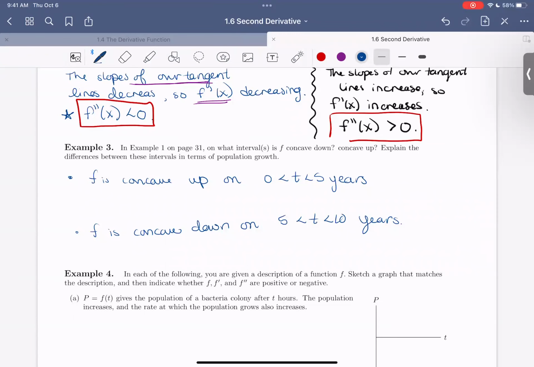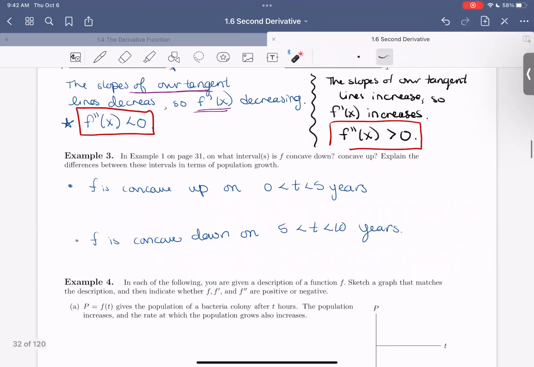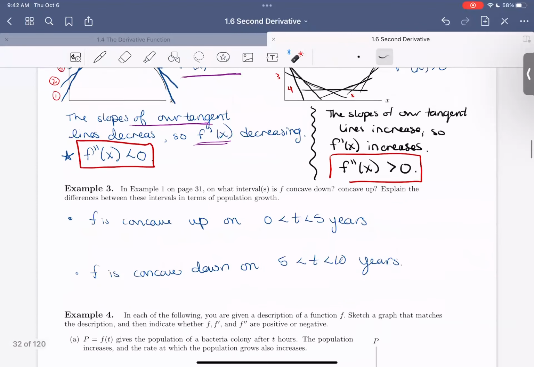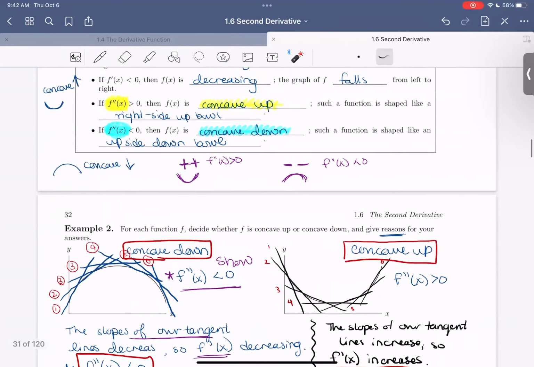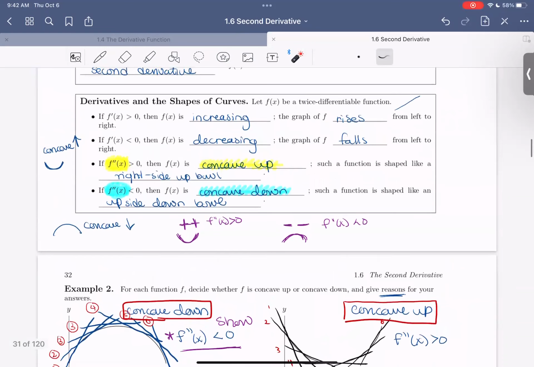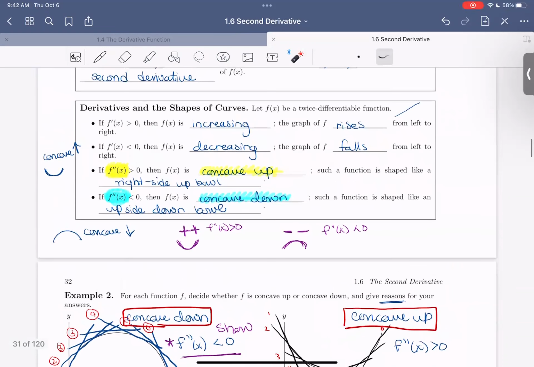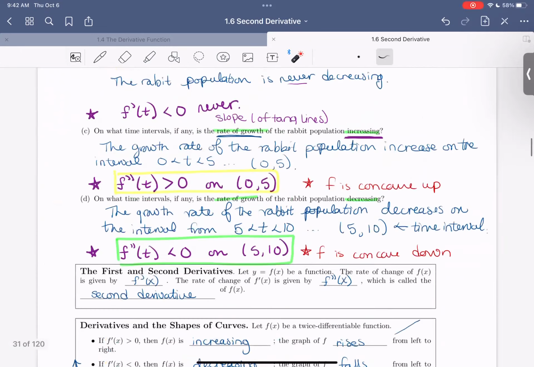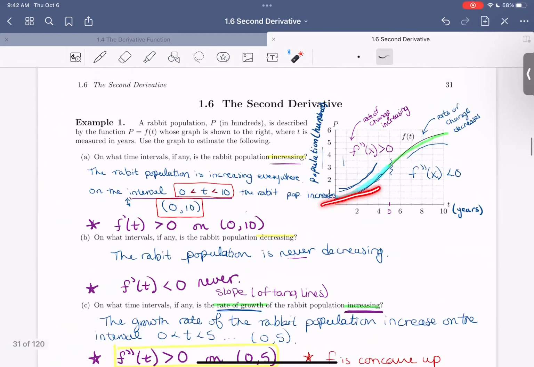So now we want to explain what that means in terms of the population growth. So what we saw when our second derivative is positive, we have concave up, which means that our derivative changes, our derivative increases, these slopes increase.